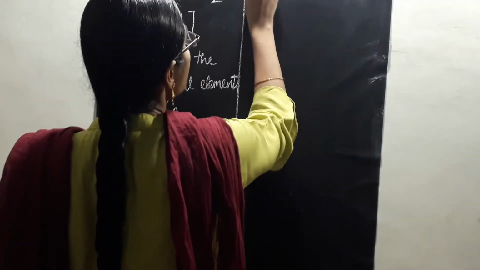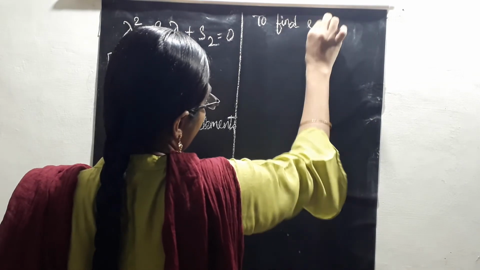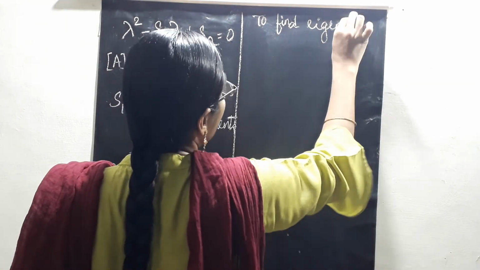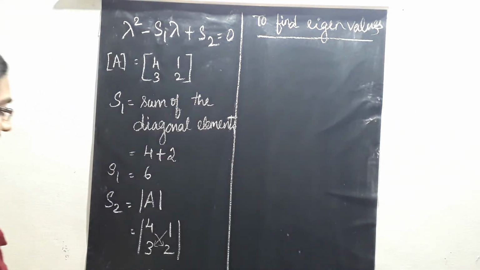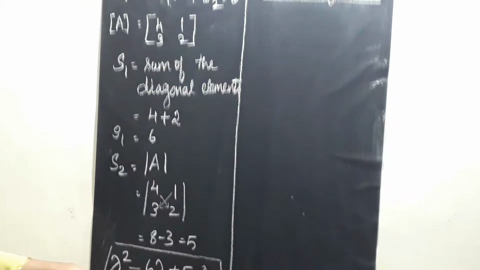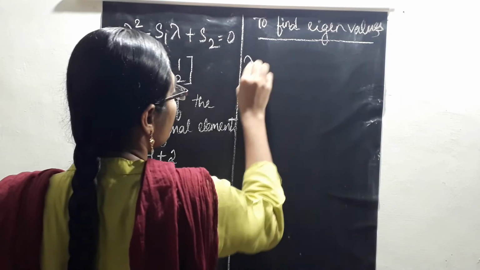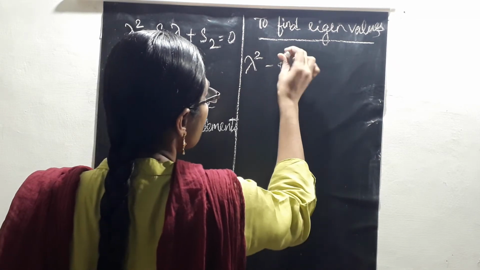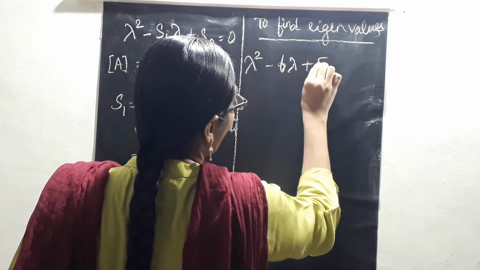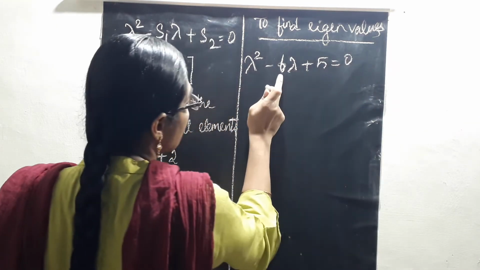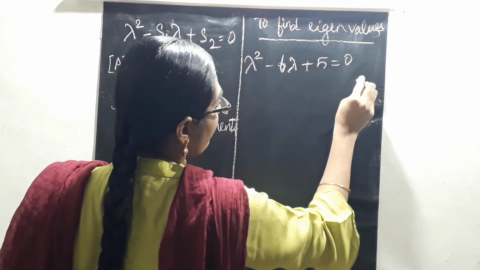And the next thing is to find the eigenvalues. This is our next step. The eigenvalues are nothing but the roots of the characteristic equation. Since it is a quadratic equation, you can easily solve it. We know that 6 is the sum of the roots and 5 is the product of the roots.